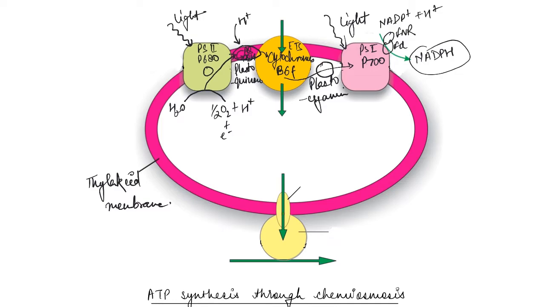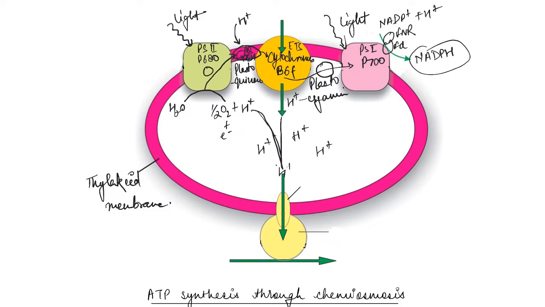And here again, we are using protons. Now, what happens? Several protons are released. From here, protons are getting released, and from here also, so there are a lot of protons inside the thylakoid, right?